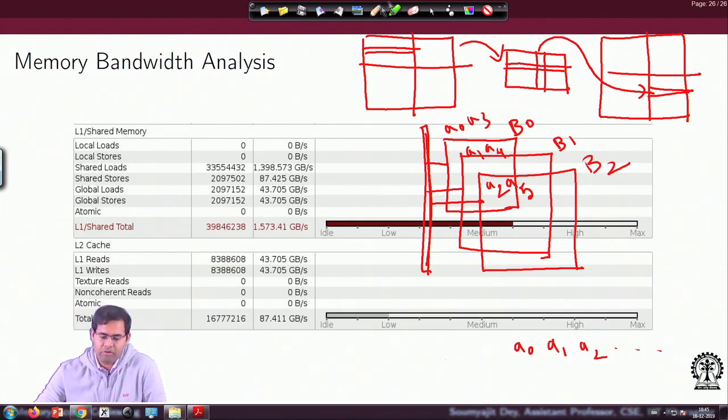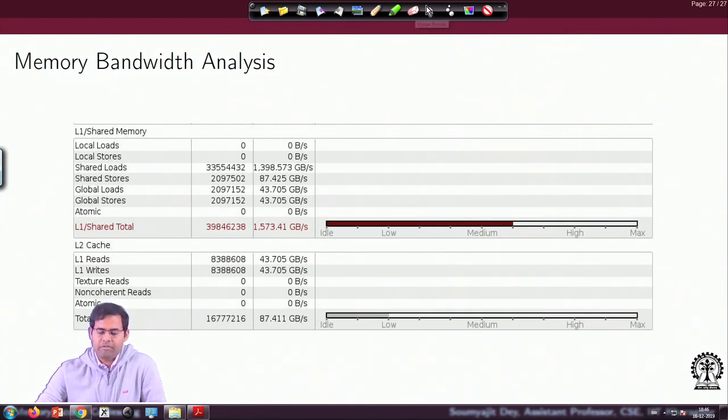So, what do I mean by conflicts? Think in this fashion: I have a warp of size 32, and with devices of compute capability 3 and higher, I have 32 memory banks.